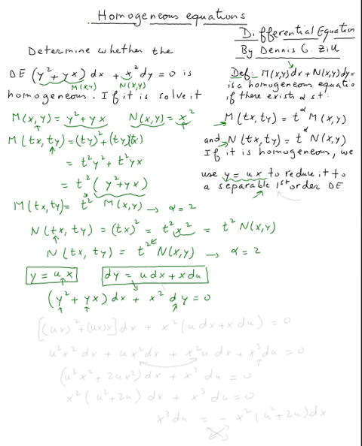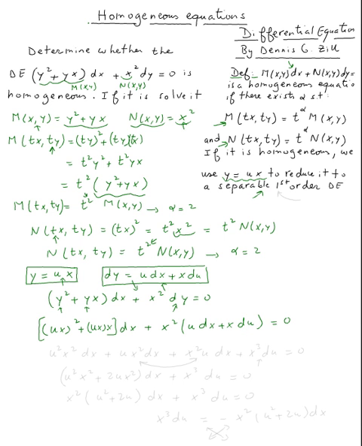So let's do that. y is ux, so this becomes (ux) squared plus y, which is still ux, times x, all of this dx, plus x squared, and the dy is u dx plus x du, and this is going to be equal to 0.